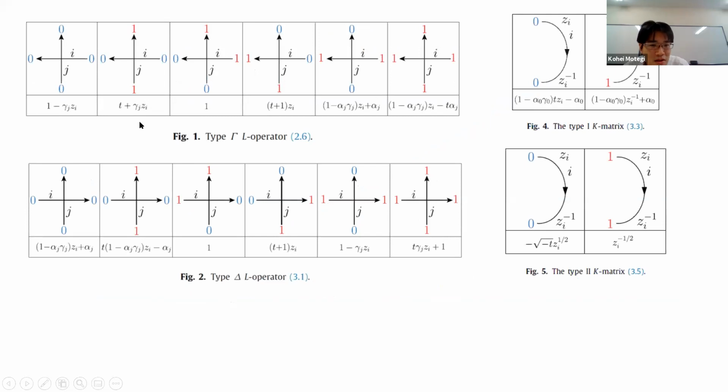This is not explicitly written in Brubaker, Friedberg's paper, but there is a free fermion relation written in the paper, and this kind of L operator satisfies the free fermion condition relation, something like that.